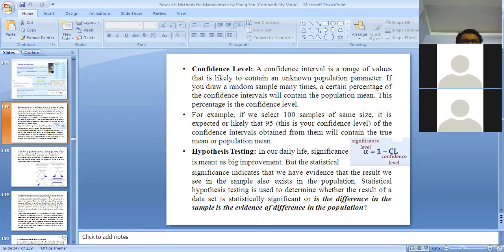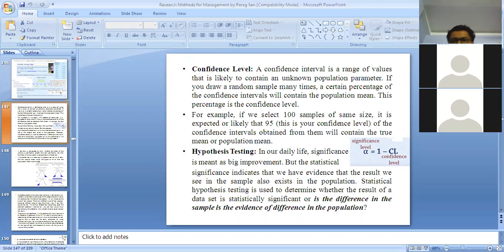What is inferential statistics? Inferential statistics means you first do the sampling, and from your sample survey you want to conclude about your population. Okay, we all know that.